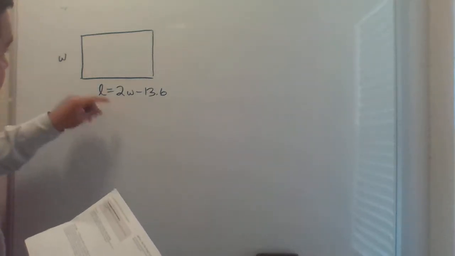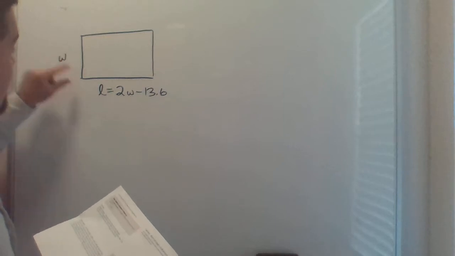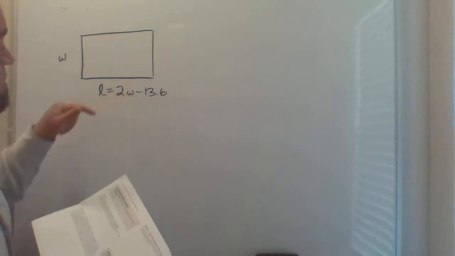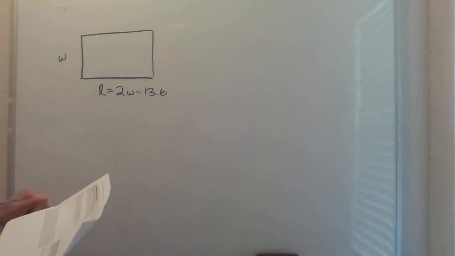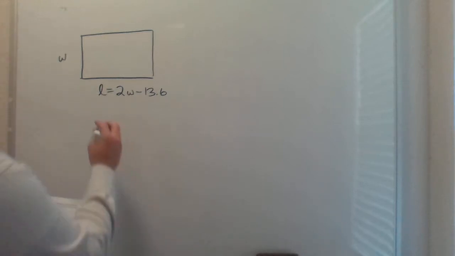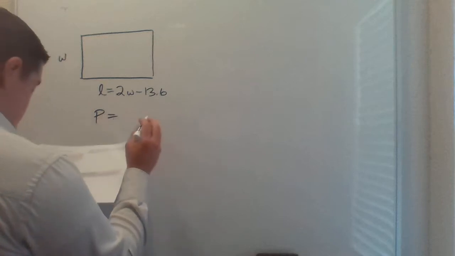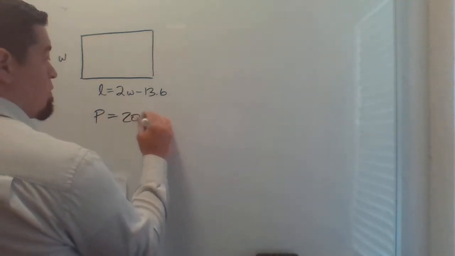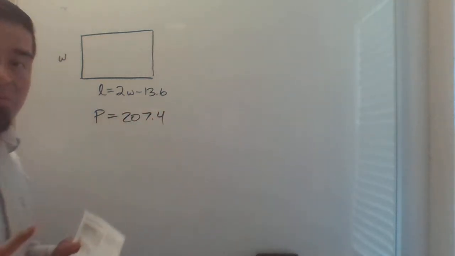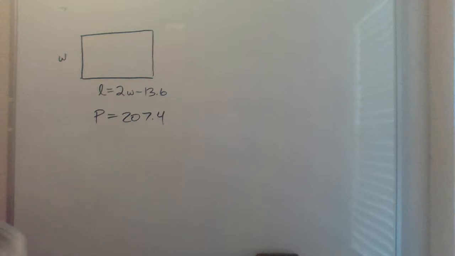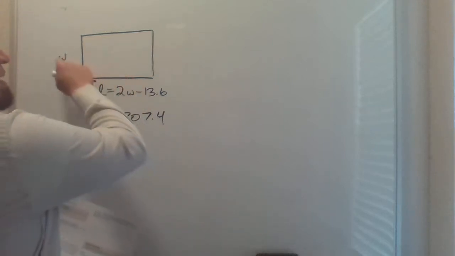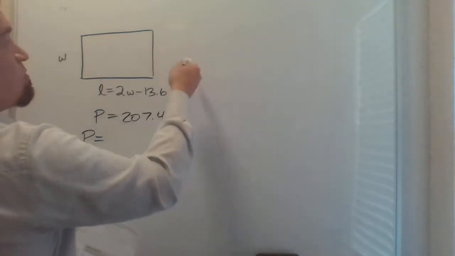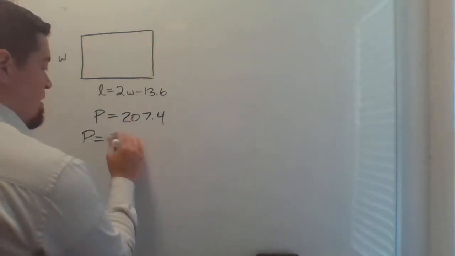So now I've defined the length in terms of the width according to that sentence, and they also tell me that the perimeter is 207.4. But we also have a formula for perimeter. The perimeter is two widths plus two lengths.